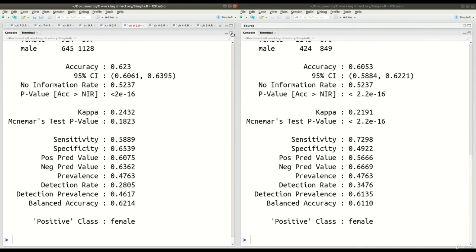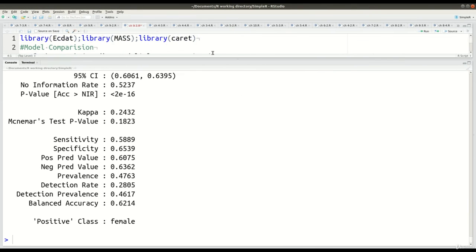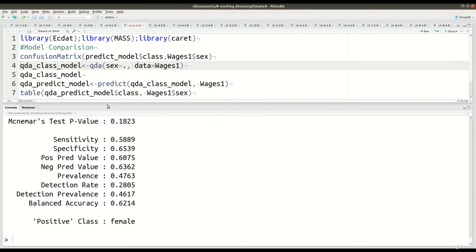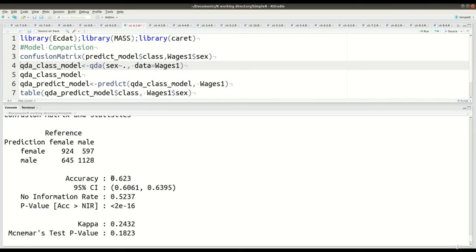So what happened in this video is that we learned a great deal about how to assess confusion matrices and how to deal with them. There is a function in the caret package called confusionMatrix. It's right here in line 3. And this will give you a printout of a lot of useful metrics.